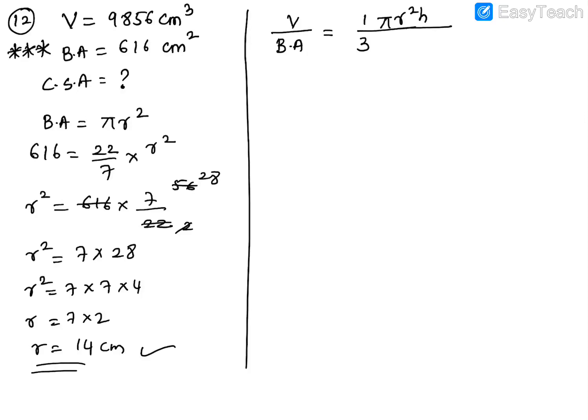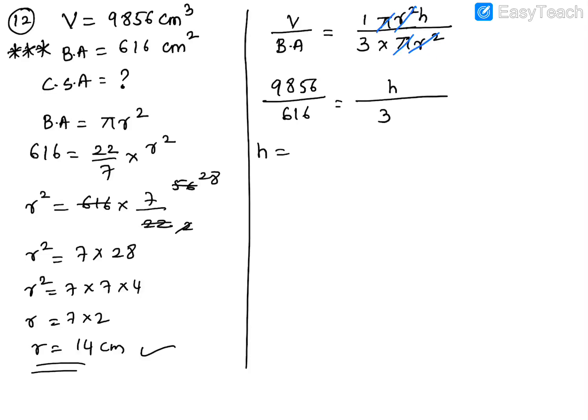Correct? The base area is only pi r squared. So now if you do the cancellation here, pi cancels, r squared cancels. Now substitute the values. So volume is 9856 upon 616 is equal to h by 3.